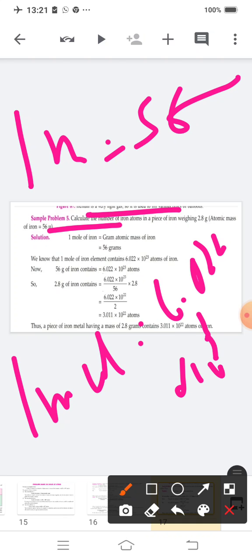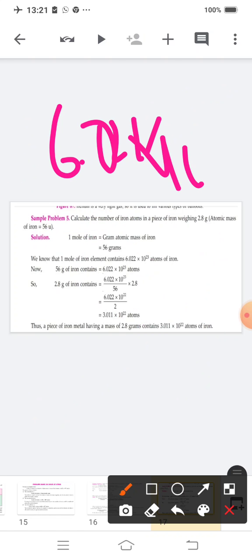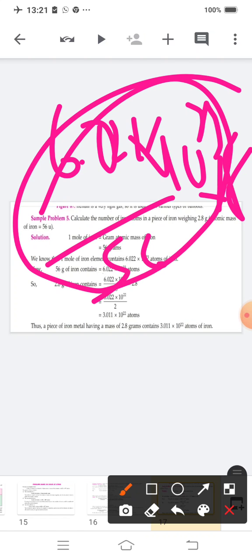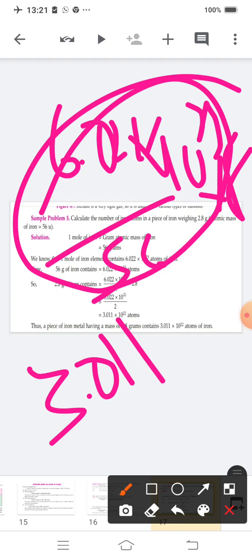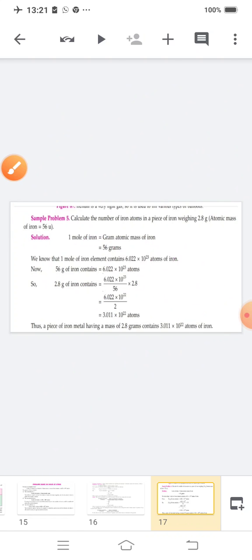So 2.28, you will write like this: 6.022 into 10 to the power 23 upon 56 into 2.28. When you solve, you will get 3.011 into 10 to the power 22 atoms. Is this clear to you?